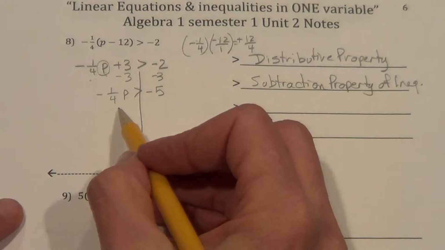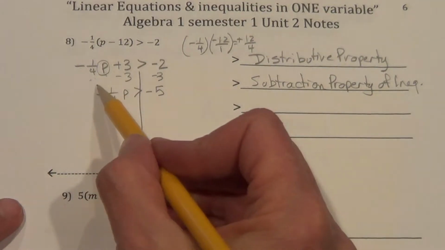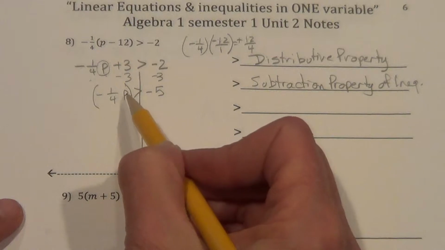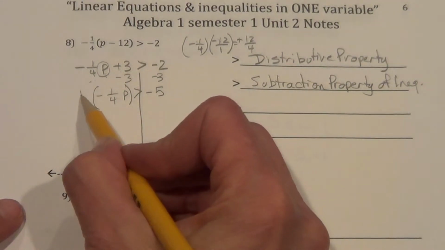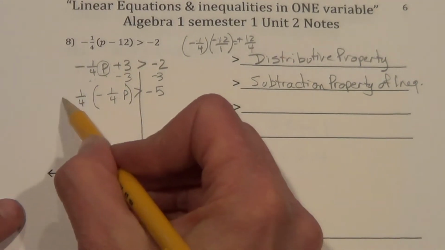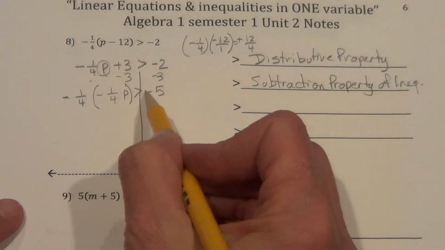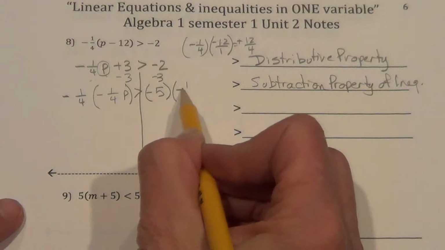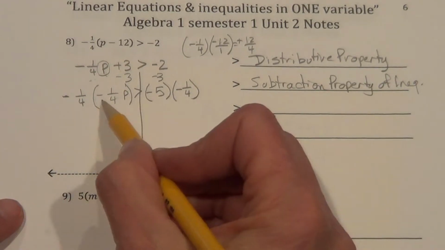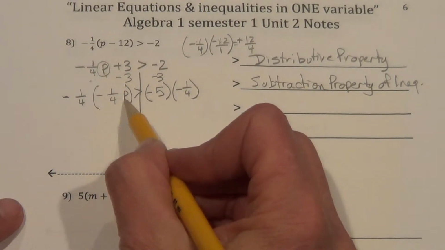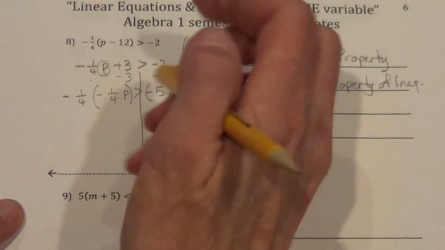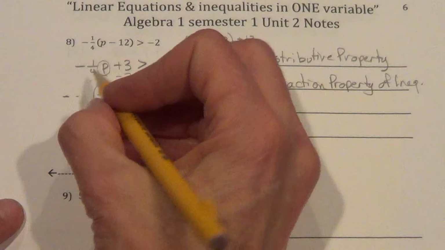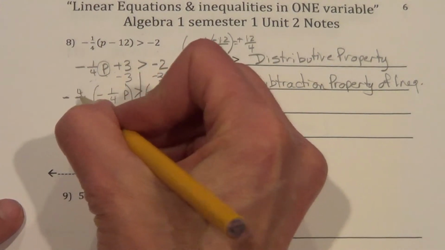Now, in order to get the p by itself, it's easiest when we see that we're multiplying by a fraction to simply multiply by the reciprocal, because that truly is dividing by that fraction. We do need to make sure that we're multiplying with the same sign as what's there. So it's a negative 1/4 times p. We need to multiply by, I'm sorry, I said reciprocal, but I wrote the same thing. So it's negative 4 over 1.